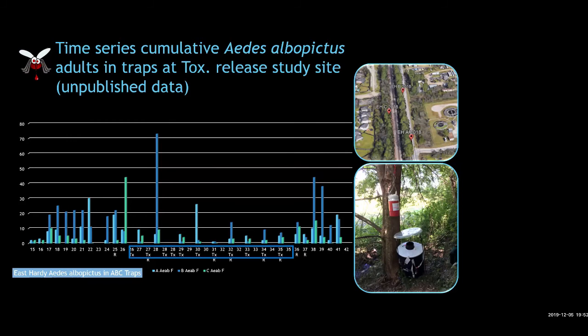Those numbers are reflected on that chart. We were not anticipating that incident to occur. But anyway, you do see that lower numbers of Aedes albopictus are shown on the graph right on top of when we released adult Tox in that same area.